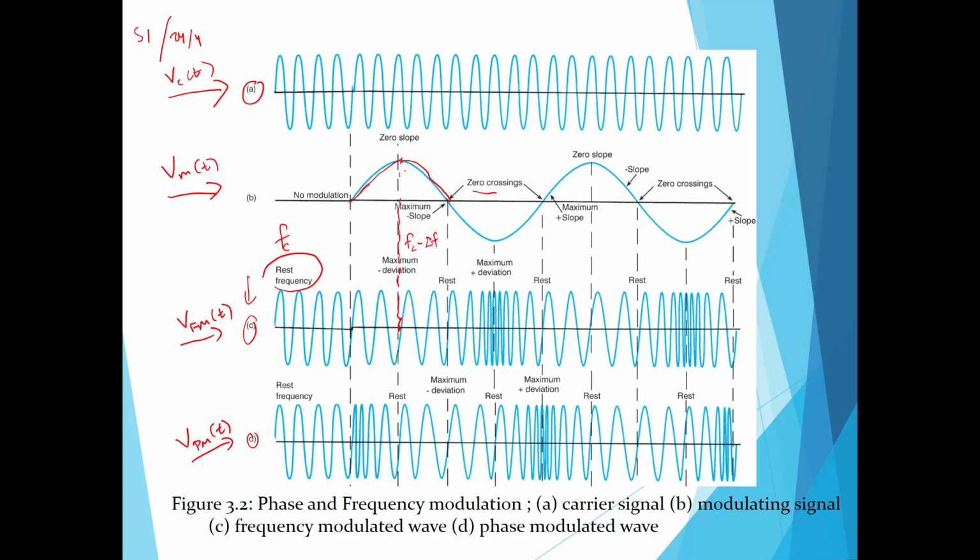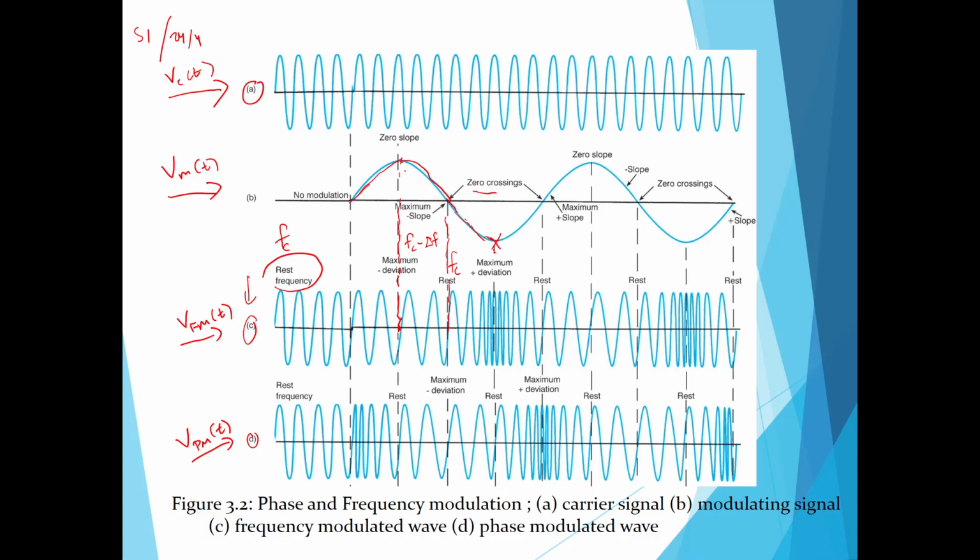When the modulating signal crosses the x-axis, it will be at rest frequency, Fc. Then the modulating signal moves towards the maximum negative peak.